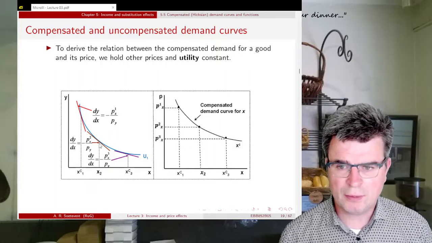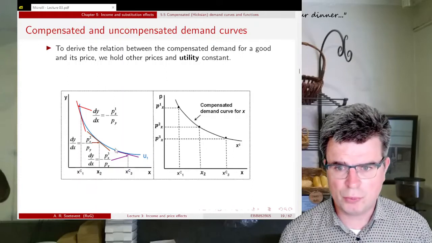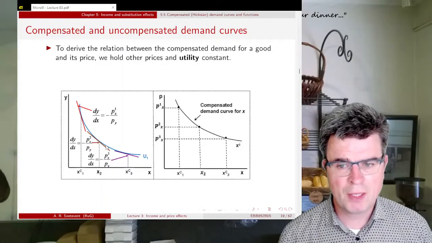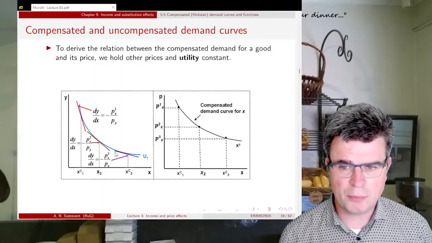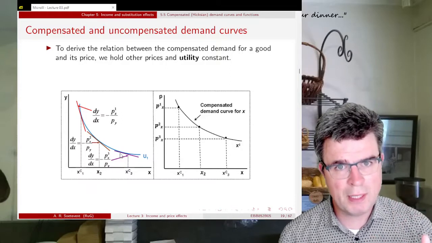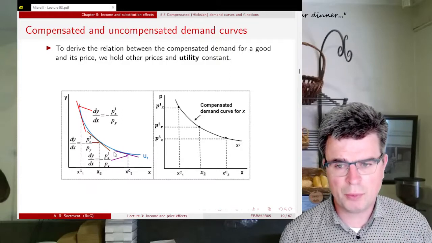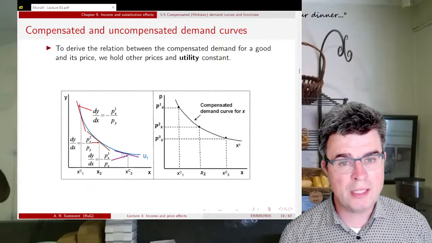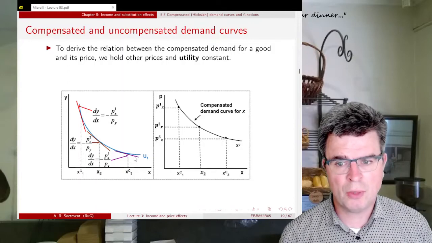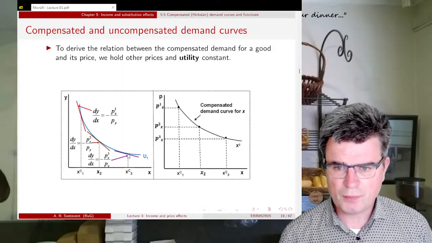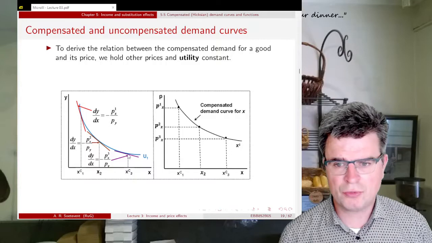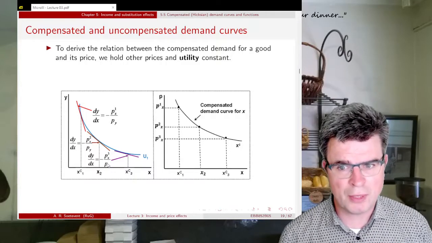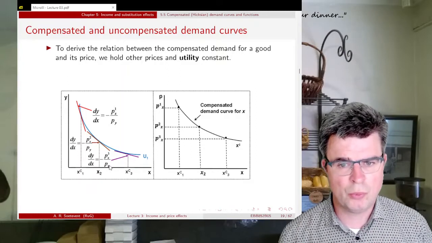So suppose that compared to the original price px2, the price decreases to px3, then the substitution effect is that we want to remain on the initial indifference curve, but we adjust our consumption such that the marginal rate of substitution is equal to the new price ratio of the two goods. So we are at the point of this original indifference curve that is tangent to the ratio between the new price of good X and the price of good Y.